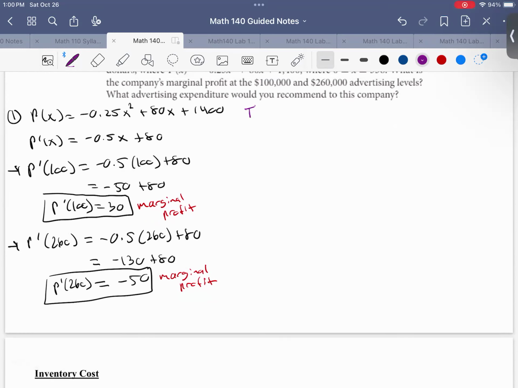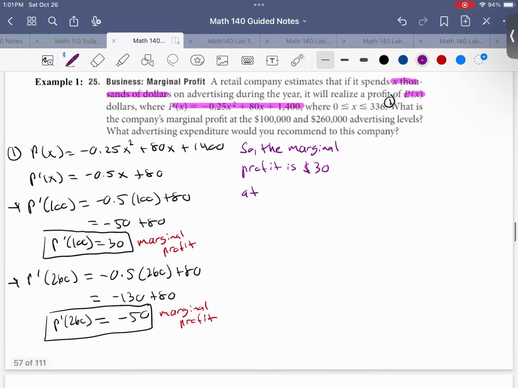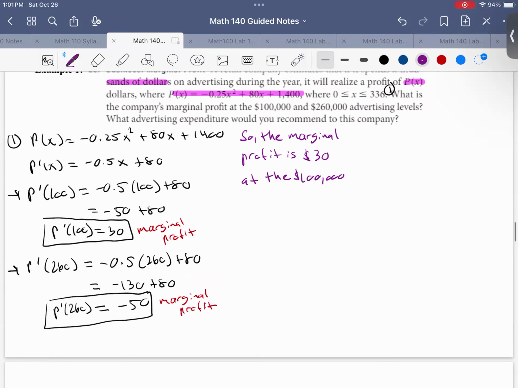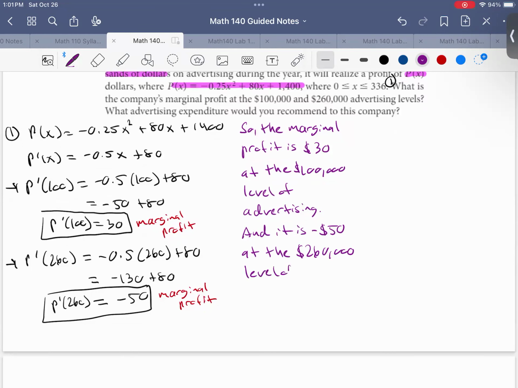The marginal profit is $30 at the $100,000 level of advertising, and it is negative $50 at the $260,000 level of advertising.